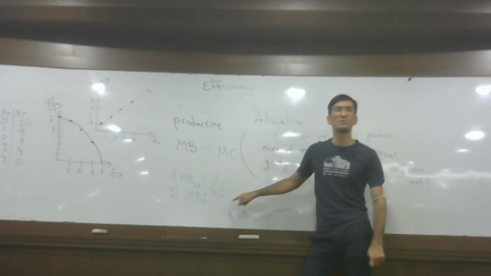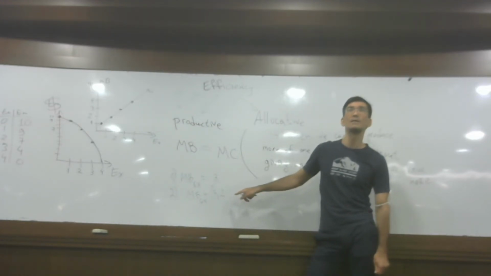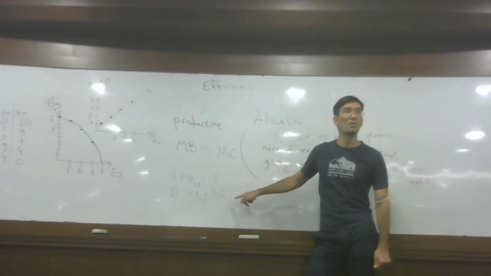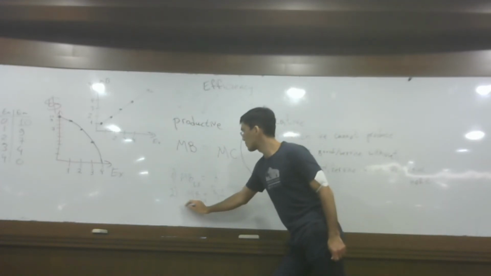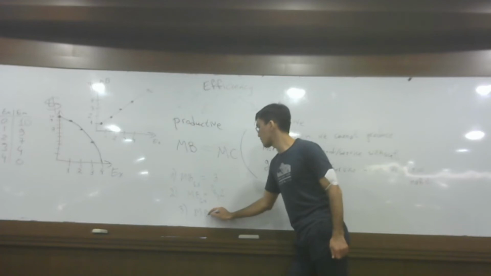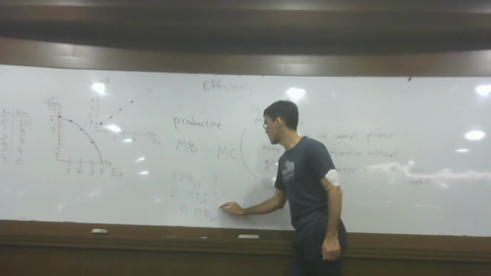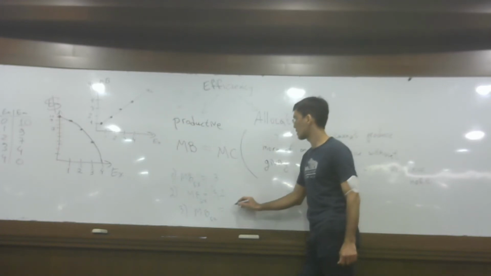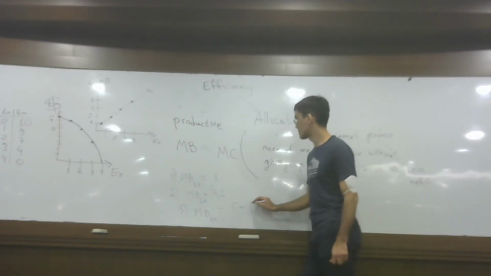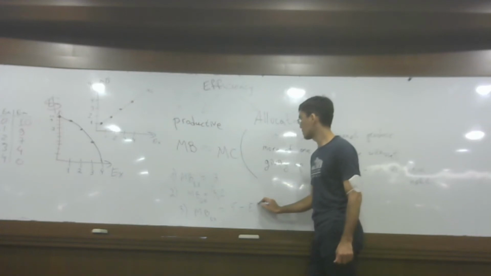So this second person views grades a little bit more important than the first person, right? And let's say in the third case, marginal benefit of exam preparation is equal to 5 minus EX, like this.